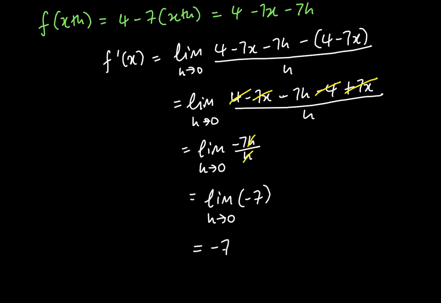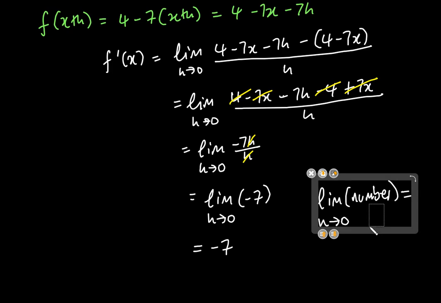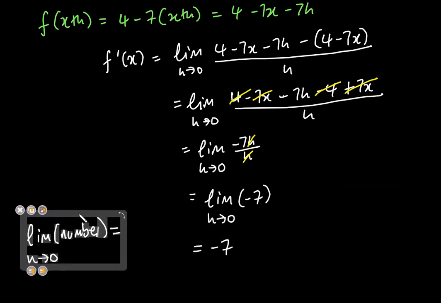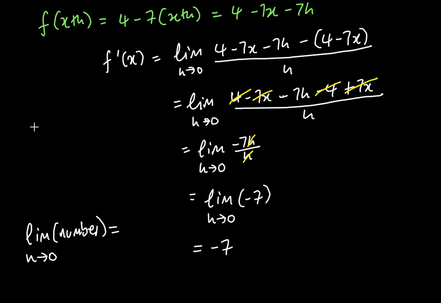negative 7 there. So I'm just going to say to you as a take home, the limit of a number as h approaches 0 is always equal to that number. I ran out of space there. Let me just take this down here real quick. Let's write it here. The limit of a number is always equal to that number.